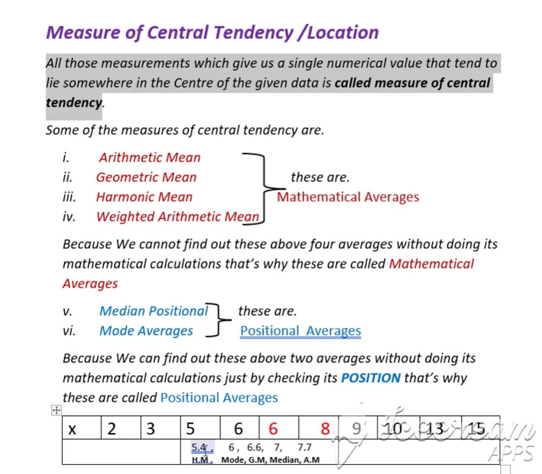After you calculate median and mode, you can check that your answer will be somewhere in the center of the data set. That's why all these six averages are called measures of central tendency, because the answer of each one tends to lie somewhere in the center or close to the center of the data set.